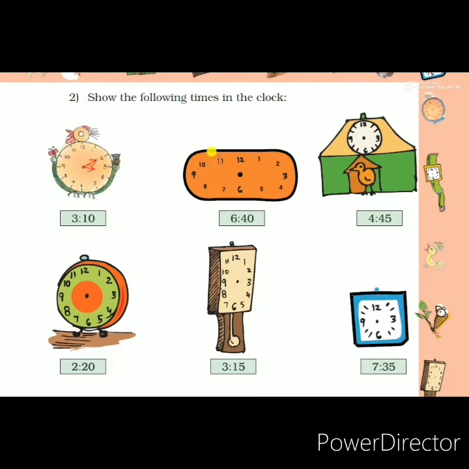Now see the next picture. Here we have been asked to show the time 6:40. 6 is hours and 40 is minutes.